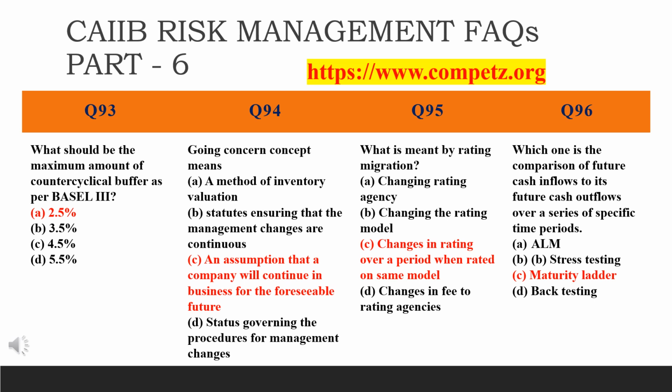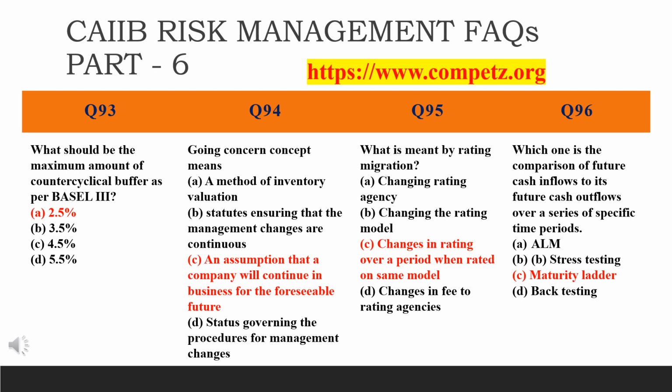Now, next question, going concern concept. What is that? Is it a method of inventory valuation, or a statute ensuring that management changes are continuous, or an assumption that a company will continue in business for the foreseeable future, or a statute governing the procedures for management changes?